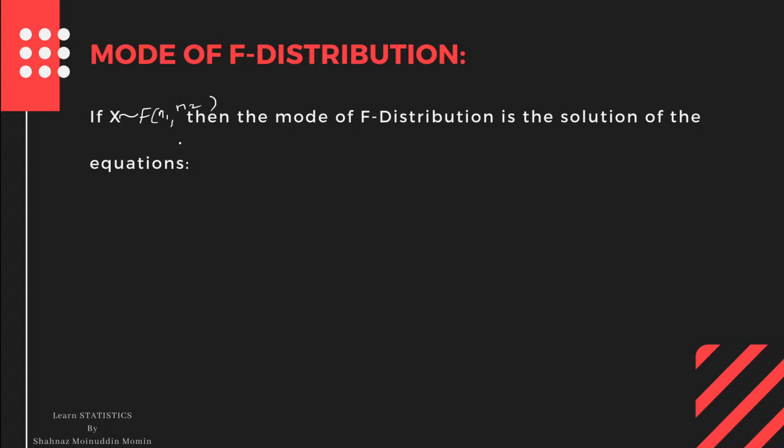We have already learned what mode is. Mode is the value of x for which the PDF has maximum value, meaning it is the solution of the equation f dash x, that is the first derivative of PDF, equal to 0, and f double dash x, the second derivative of PDF at x equal to mode, is negative.